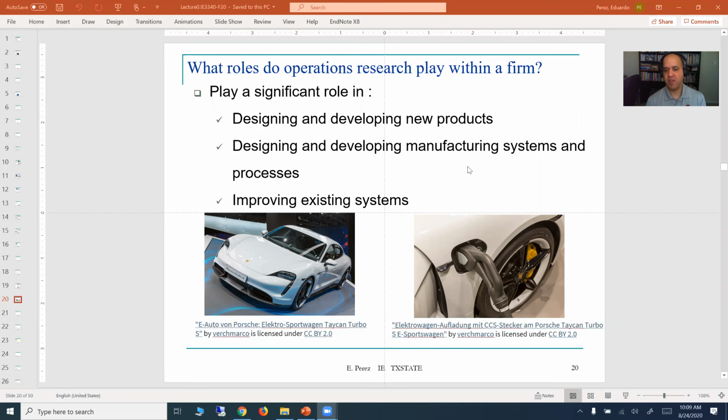So how can you make this a profitable investment? So a lot of decisions, a lot of data that you can use in order to get to this point of developing this new car. So operational research is a key player. Building these decision-making models is very important for you to make decisions that can help you move forward, or basically can tell you whether or not you should pursue this type of project.